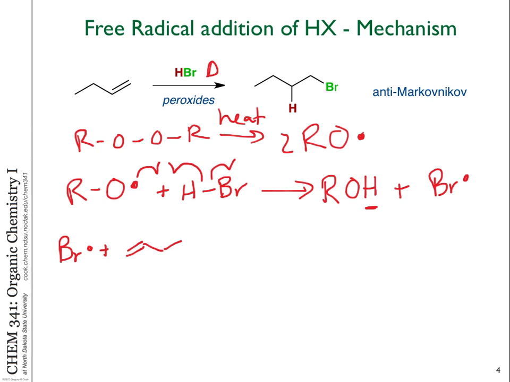The double bond, the pi bond. So bromine will react just like any electrophile reacts to take both of the electrons of the double bond and leave behind a carbocation. A radical will react with the double bond to take one of the electrons and leave behind a free radical.